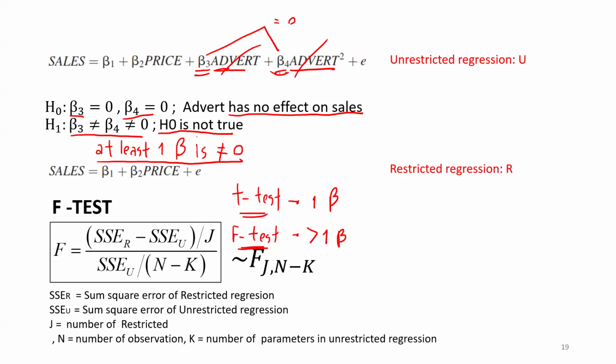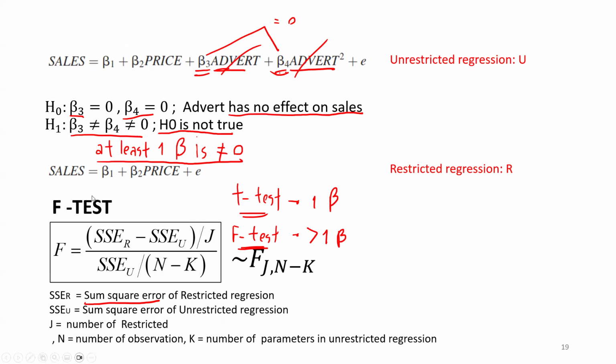This is the formula of the F-test. Okay, so for the F-test, you have to know the value of the sum of squared errors, SSE. And they have the terms restricted regression and unrestricted regression. What does it mean?